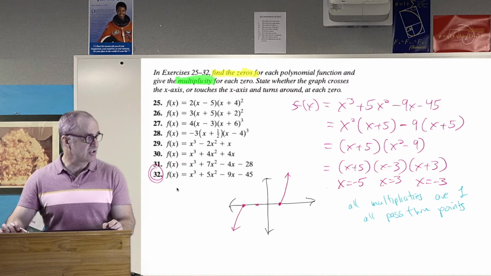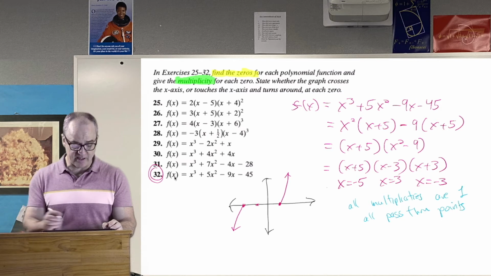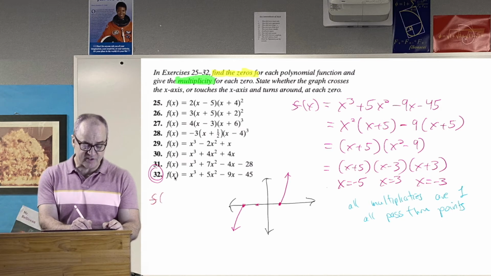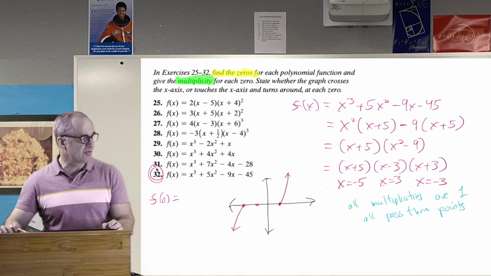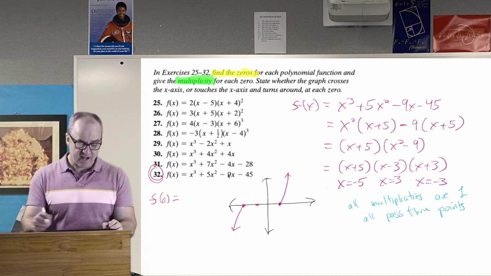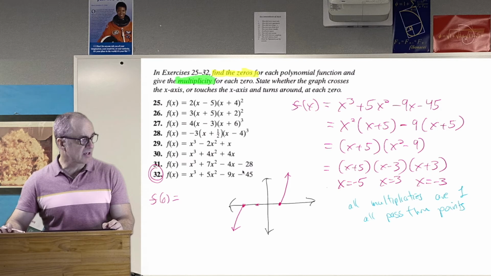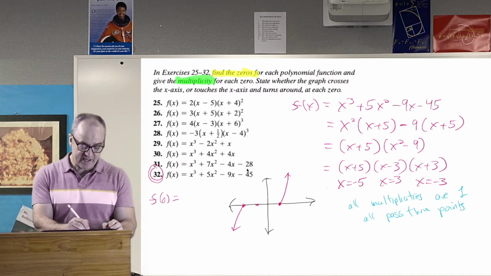Incidentally, I could quickly check if we decided to find f of 0, putting in 0 for x, you get 0 cubed plus 5 times 0 squared minus 9 times 0. Everything goes away except the constant term at the end. f of 0 is negative 45.